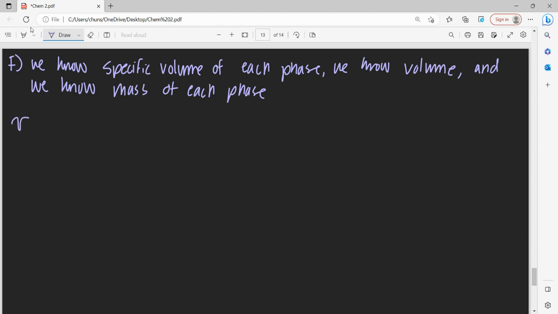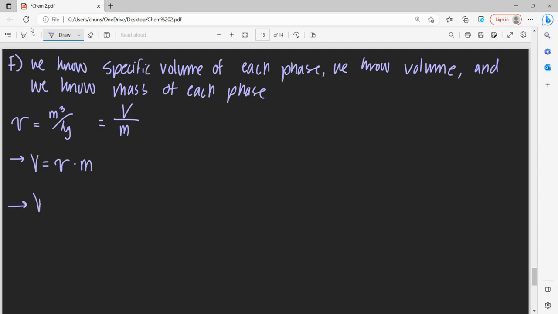Specific volume is meters cubed per kilogram, which is like saying volume over mass. If we wanted to isolate for volume, volume is equal to specific volume times mass.